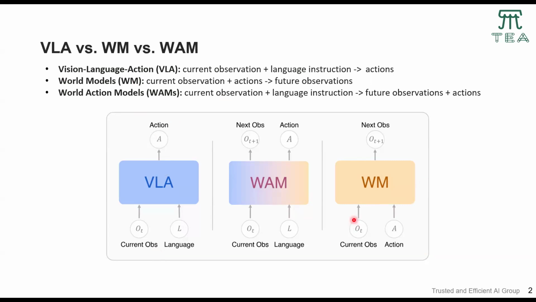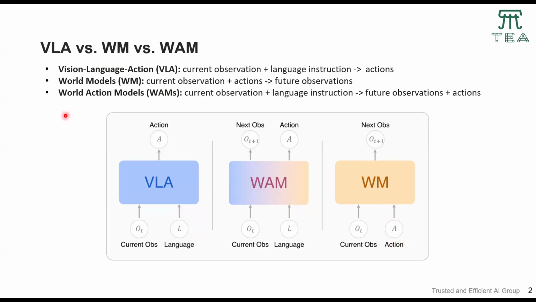You can see it takes the current visual observation and the action as inputs, and it predicts the future observation, the future state of the environment. Compared with the VLA, the world model does not try to answer what should I do under this language instruction, but tries to answer what will happen if I do this action.